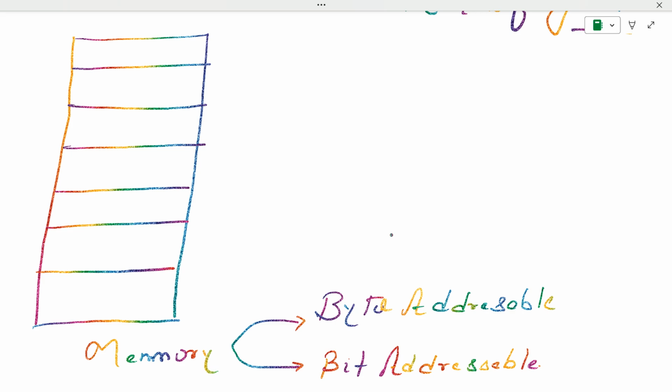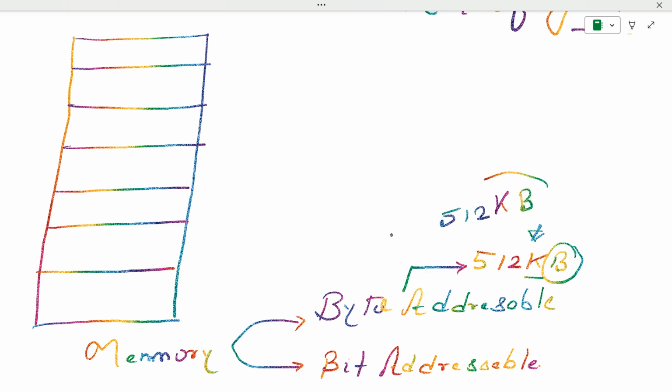When we address memory, we can say that this entire chunk of memory is 512 kilobytes. This is bytes, and kilo means 10 to the power 3. This is called byte addressable because we are representing the capacity of memory in terms of bytes.